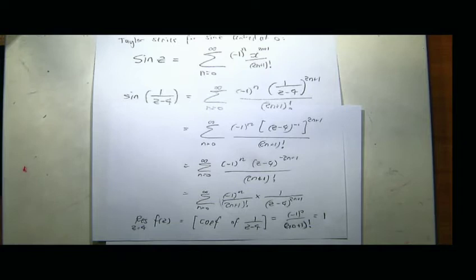Oh good, I was just checking it was recording. I have this horrifying fear every so often that I forgot to press record. Okay, so you've got to look to say what does n have to be in order to make this power on the z minus 4 equal to 1 on the bottom. It is totally the minus 1 power.